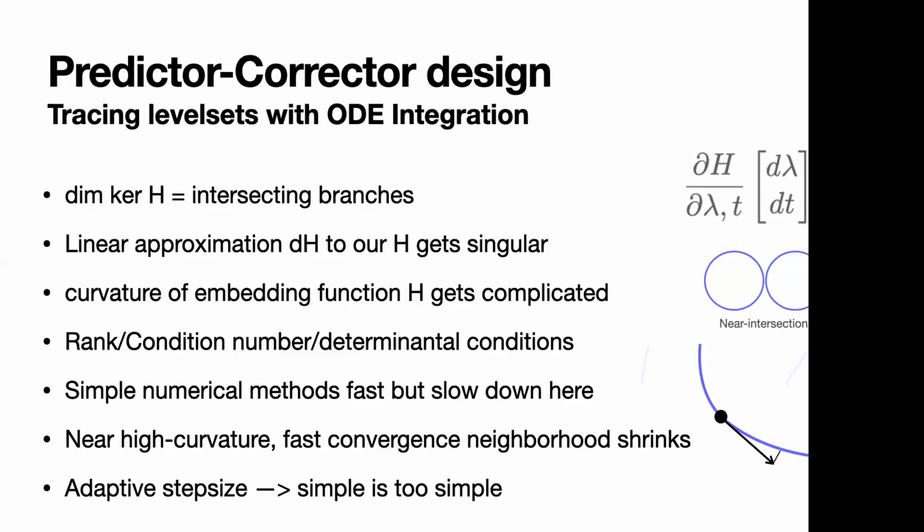Adaptive step size also: we're using a simple one, which is fast, but is also too simple. And it clearly has problems, because we're doing 4 Newton iterations at most, and we're using just simple step size control.